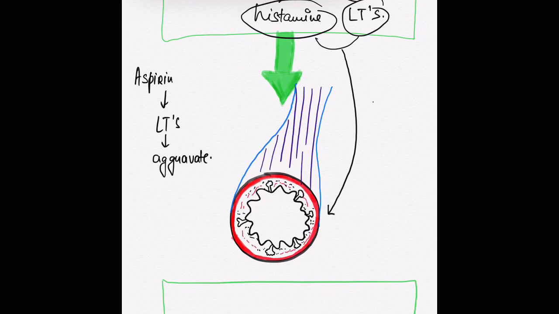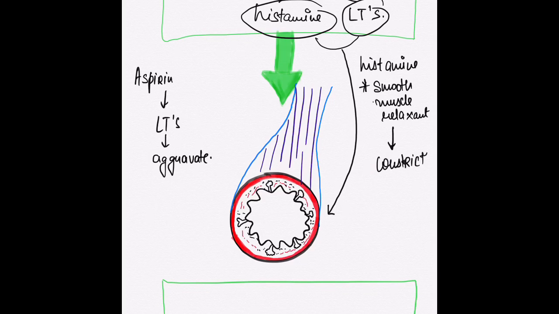Now let's see how the histamine would affect the bronchioles. As we all know, histamine is a smooth muscle cell relaxant. But in case of bronchioles, it causes its constriction. Hence, the histamine causes bronchoconstriction.